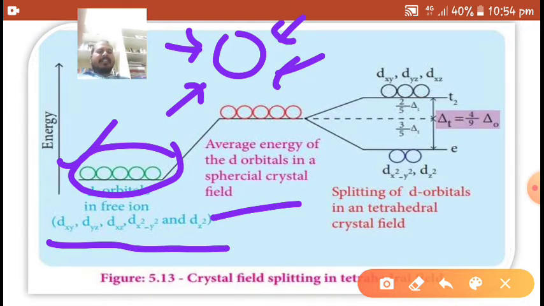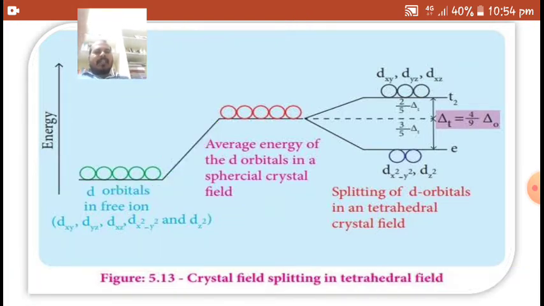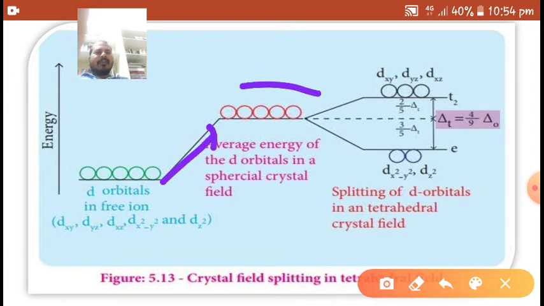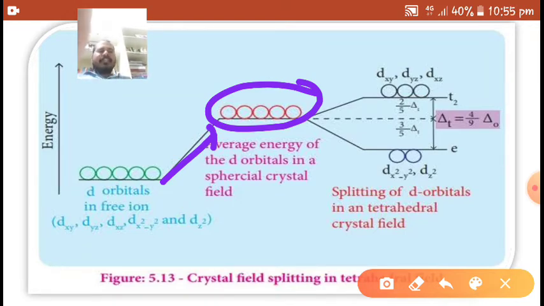This repulsion raises the energy of all d orbitals to the same extent. In the second step, the tetrahedral field splits the d orbital degeneracy while the center of gravity of the orbitals remains constant.